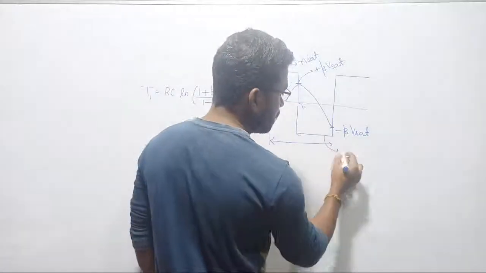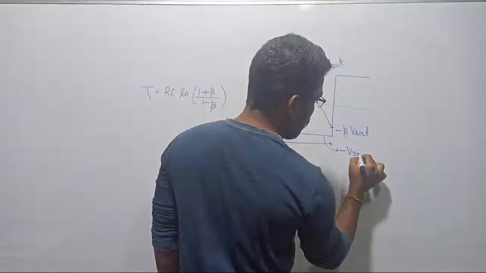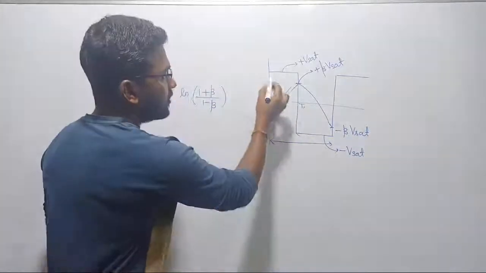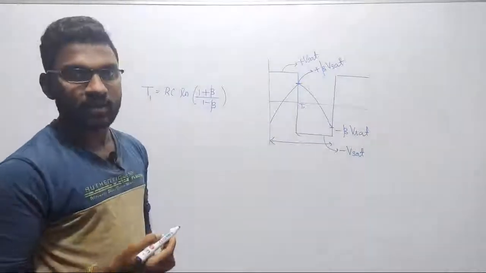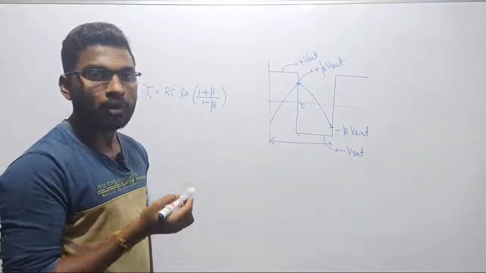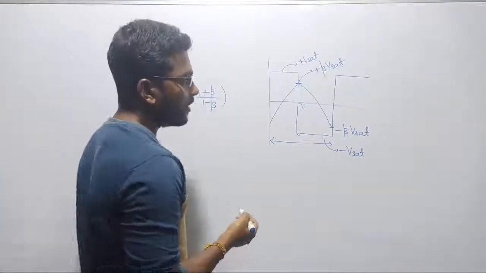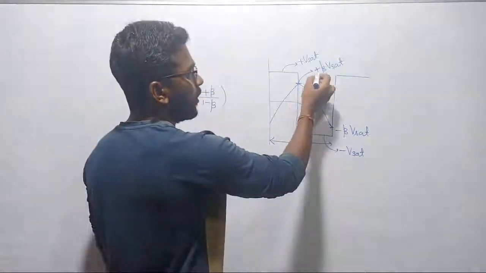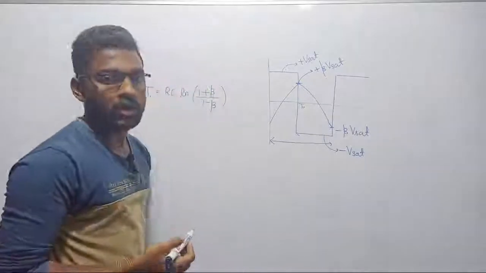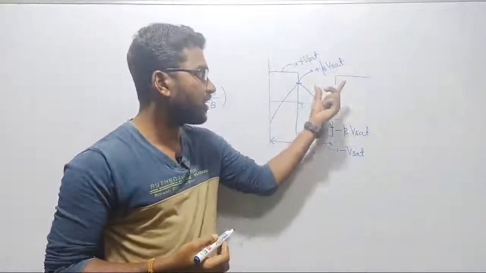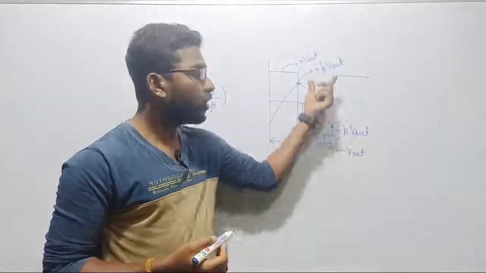This is the square wave that we receive on the output side, which is why it is called a square wave generator. The input side maximum applied voltage is either plus beta times Vsat or minus beta times Vsat. Do you agree with me?